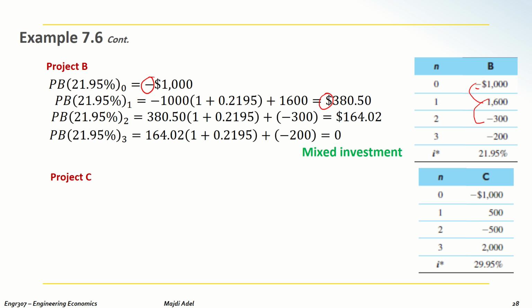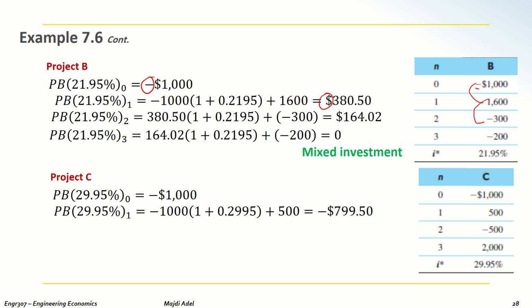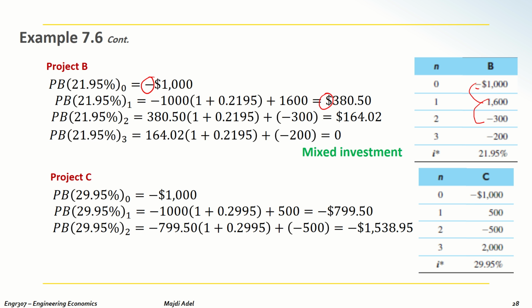For project C, the project balance at n equals 0 is minus 1000. At n equals 1, minus 1000 multiplied by 1 plus the internal rate of return, 0.2995, plus 500, gives minus 799.5. The second year, the project balance from the previous year multiplied by 1 plus i star, minus 500, gives minus $1,538.